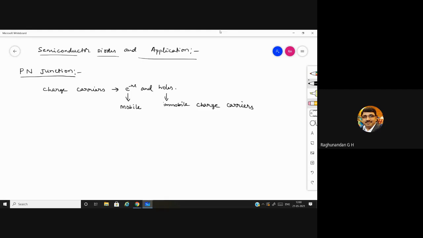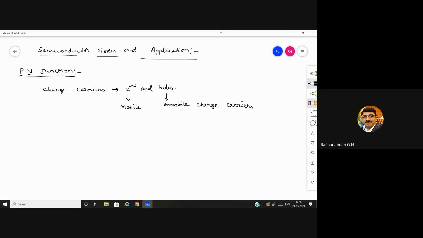Okay, now, P means the P layer, N means the N layer. In a general way, positive layer, negative layer. The P layer has majority charge carriers as holes, and the N layer has majority charge carriers as electrons.